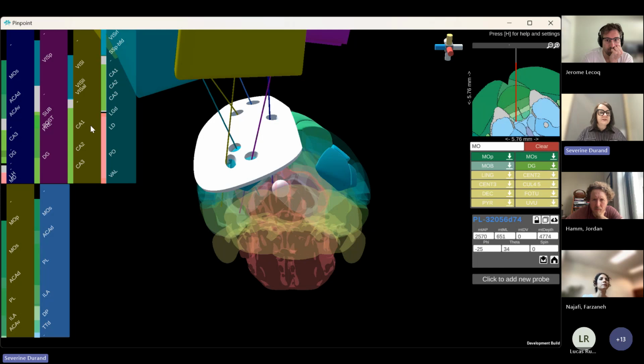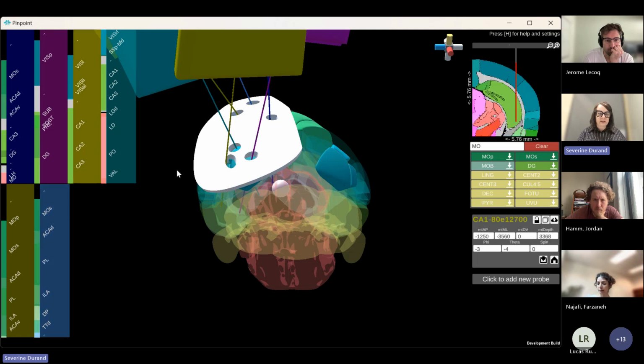So on the left here you have a color code for each probe, like let's say this green one here is in LM. So here are your insertions. On the top right you have the coronal view, with the channels that are recording in red, and that's the view for this probe's insertion.